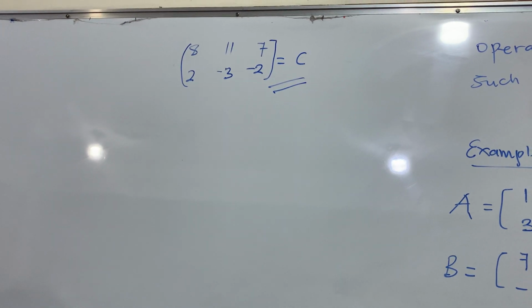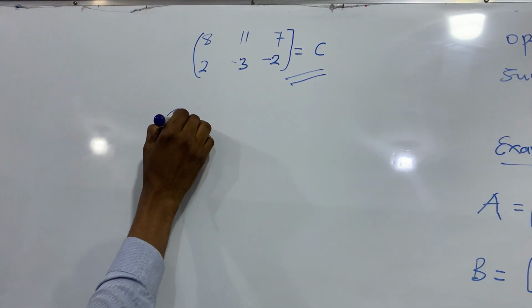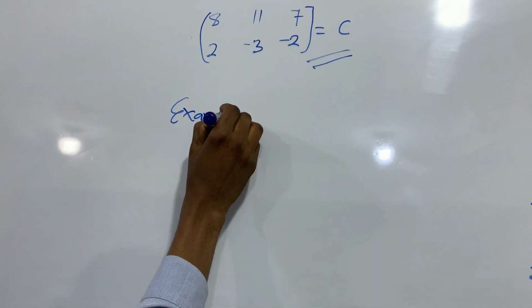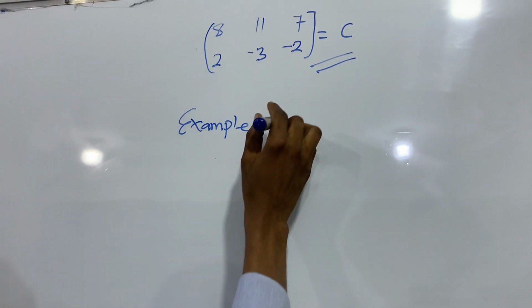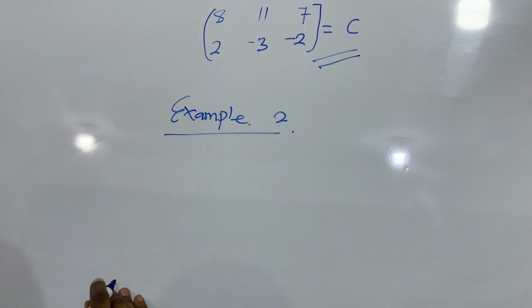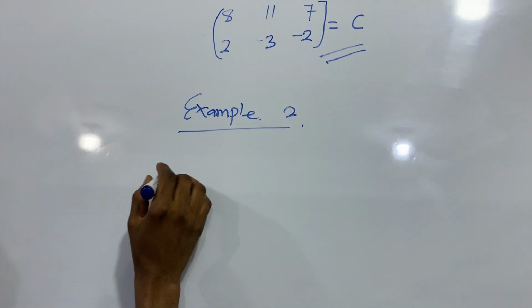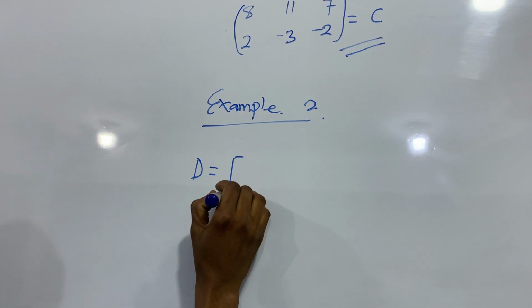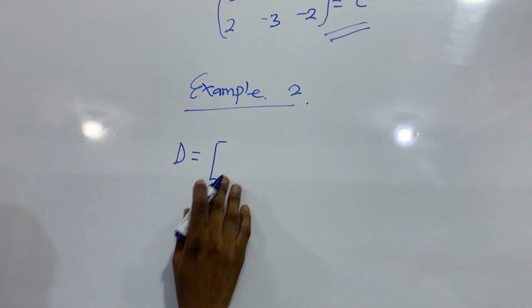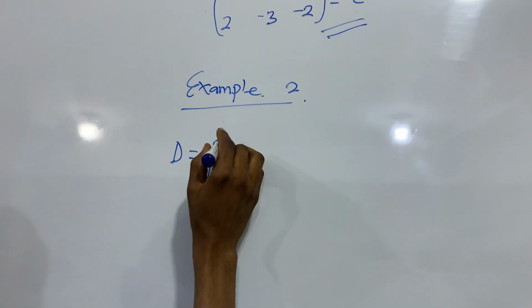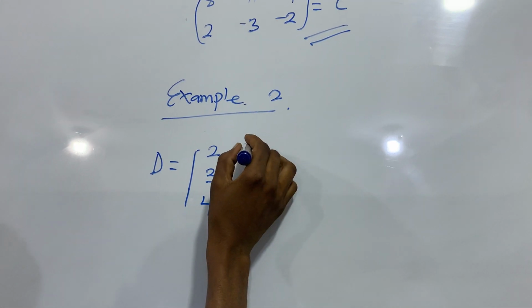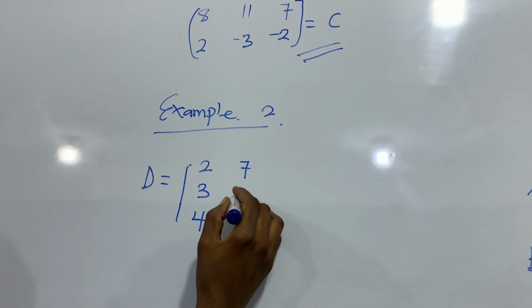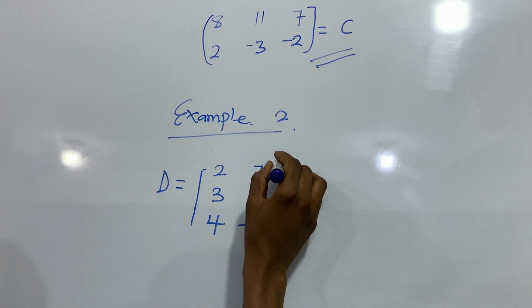So let's take our second example. Example 2. We can have a matrix D equal to 2, 3, 4, 7, 1, and 1.